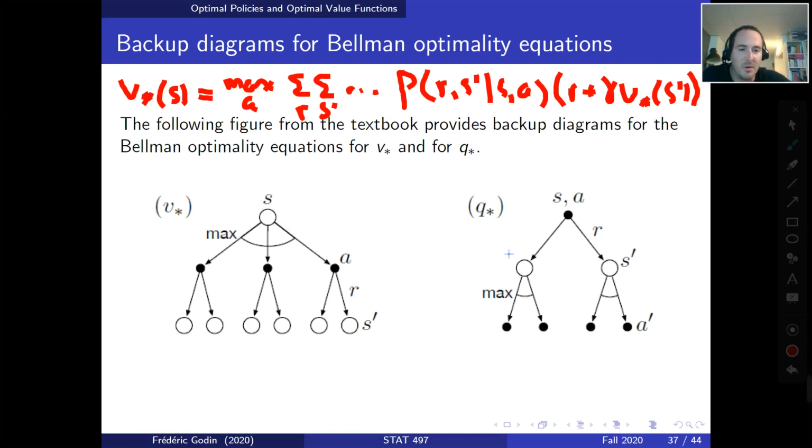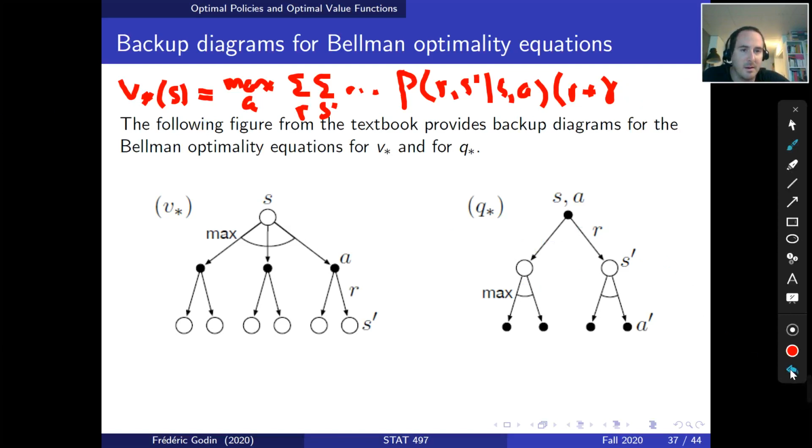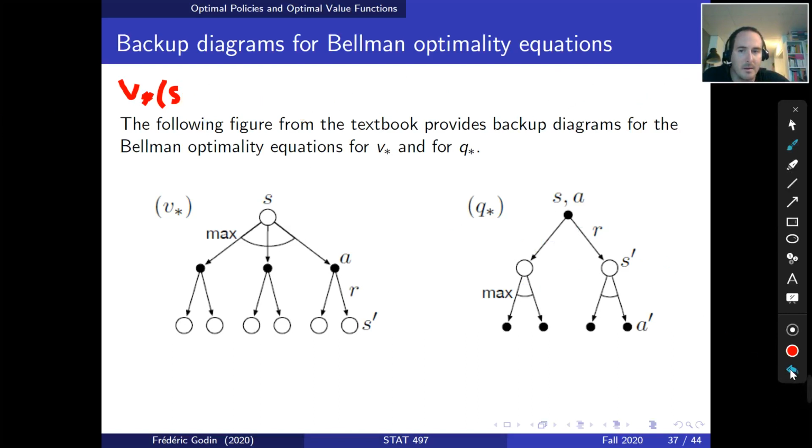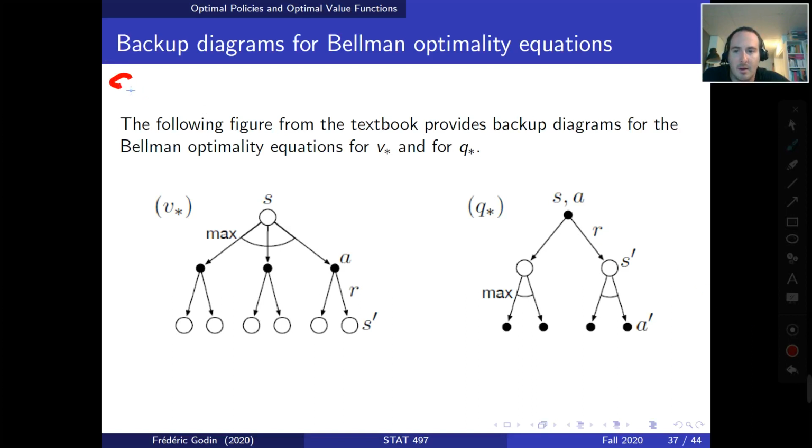Now, what's with the right side? So let's interpret the right side diagram. So the right side diagram is due to the following equation.